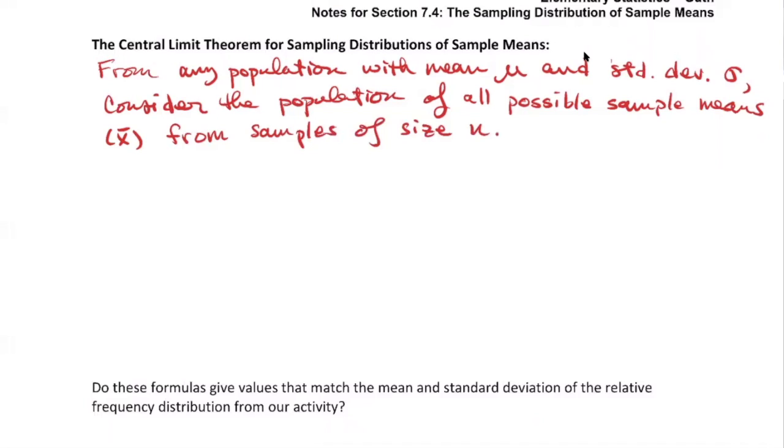Okay, and then in parentheses, we'll say this is the sampling distribution of sample means.